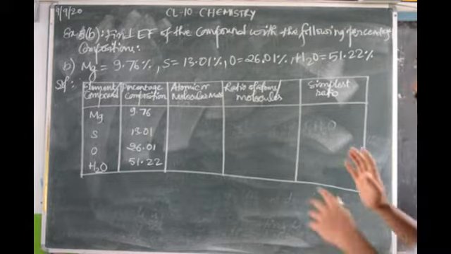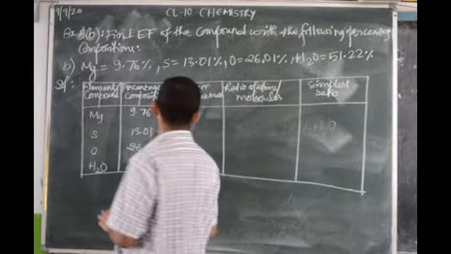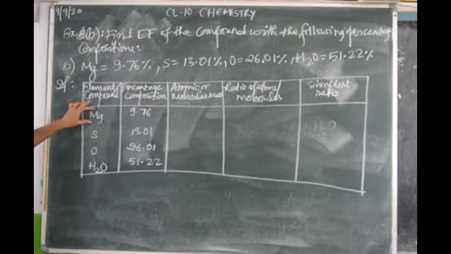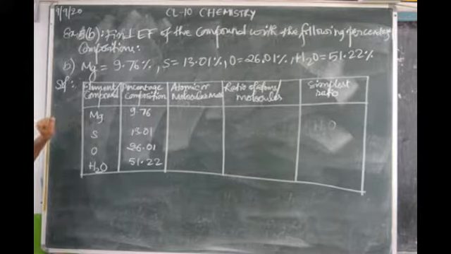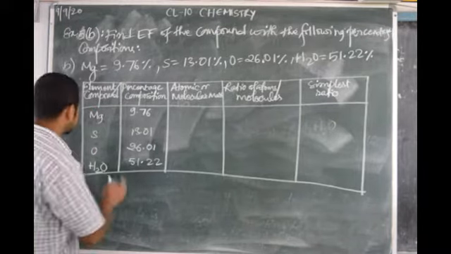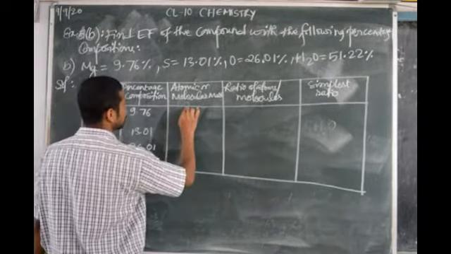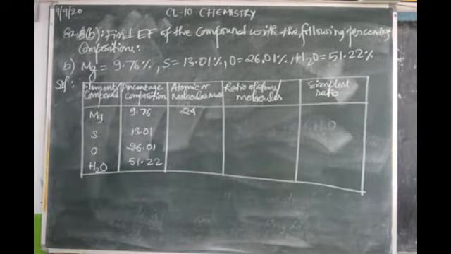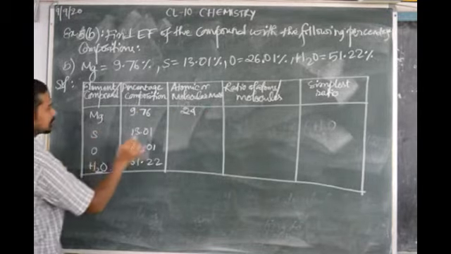Then, after writing percentage composition, what you will do? Atomic or molecular mass. So, what is the atomic mass of magnesium? If it is given, then it's okay. If it is not given, you must be knowing the atomic weight or molecular weight. So atomic weight of magnesium we know is 24. Atomic weight of sulfur is 32.